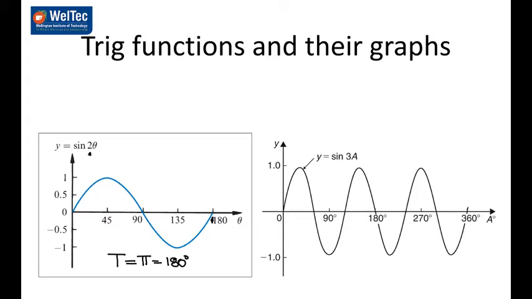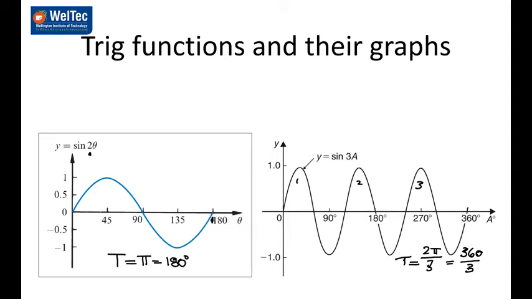The second graph on the page is still going up to 1 and down to -1, but if you have a look at it, it's going around once, twice, 3 times in 360. So the time period for that is going to be 2 pi divided by 3, or 360 divided by 3.